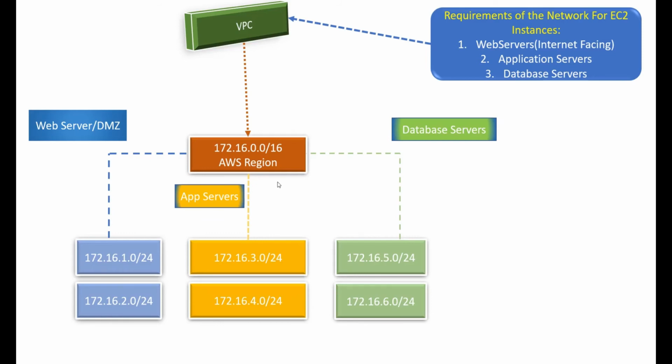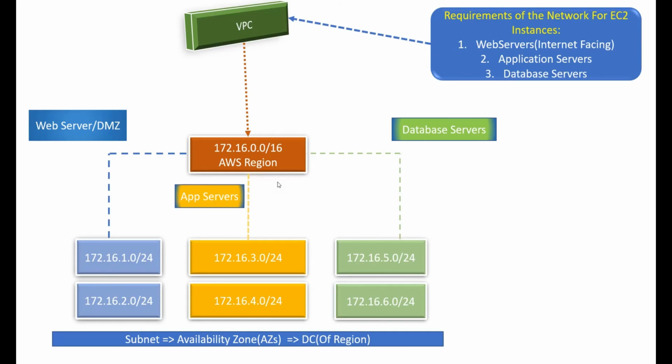Before going further, I need to tell you that these subnets are equal to an availability zone, or you can call it a DC of a region. Let's say they want you to design a network in the Mumbai region, or they want the Oregon region. So in the Oregon region, you have created a CIDR. The CIDR will denote the AWS region of Oregon or any other region.